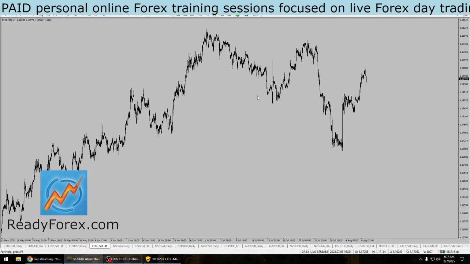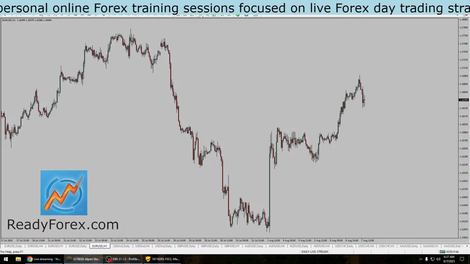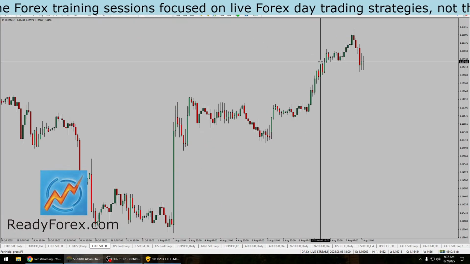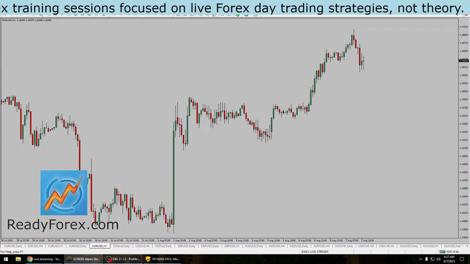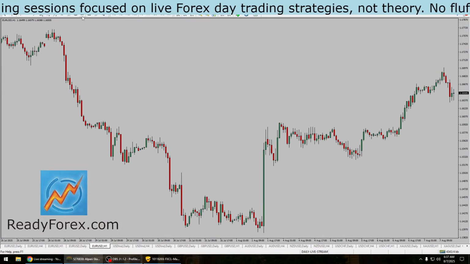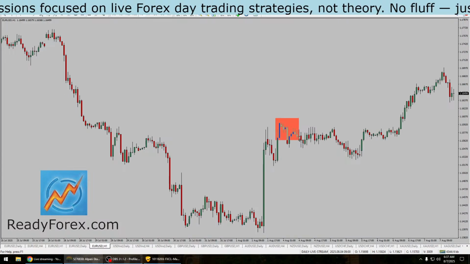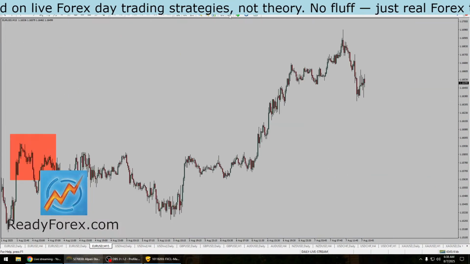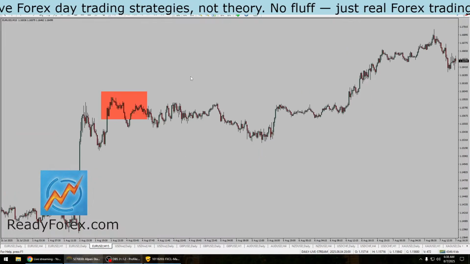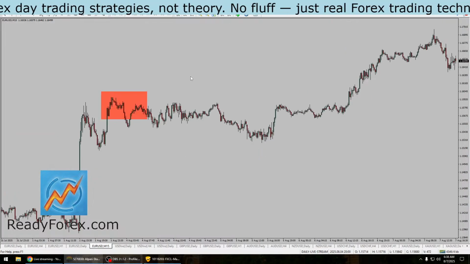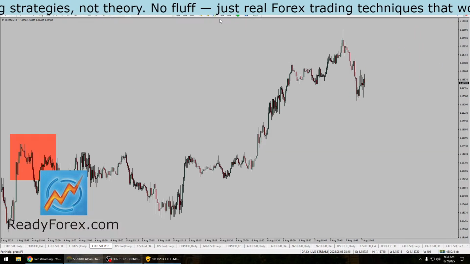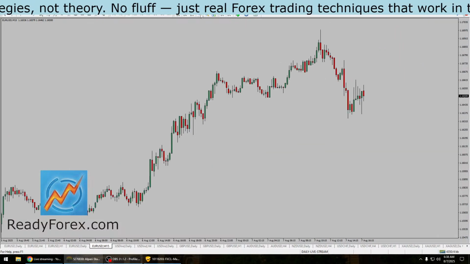Now if you take a look at a 1 hour time frame, this is where we got a quick drop in price action over here. Let me highlight this area over here and see what's going on. Okay, we got the drop in price action of the euro dollar currency pair.